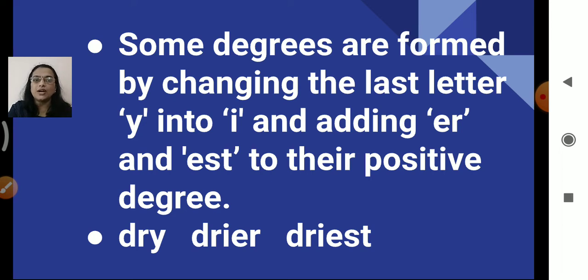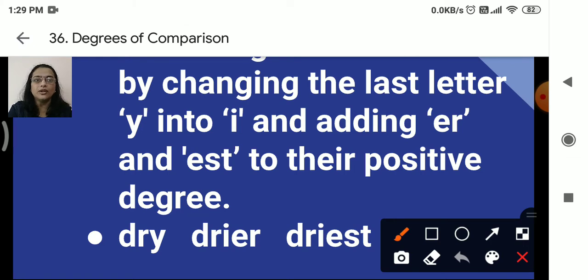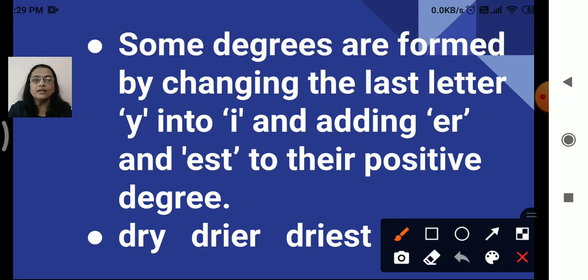So you will get dry, drier, driest. What did we do here? We removed the y, added i, and then also added er. In the superlative, i is added and est is added. In this way, you will get the other words too. So happy, happier, happiest.